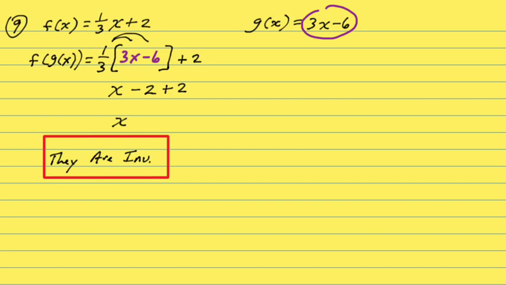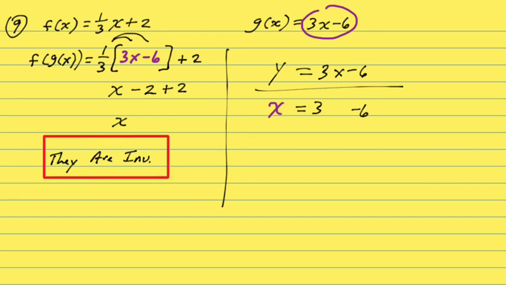Again, you could take one of them, like this over here, y equals 3x minus 6, right? Switch x and y. If I switch x and y and solve for y, that's how you find an inverse. Switch x and y and solve for y.